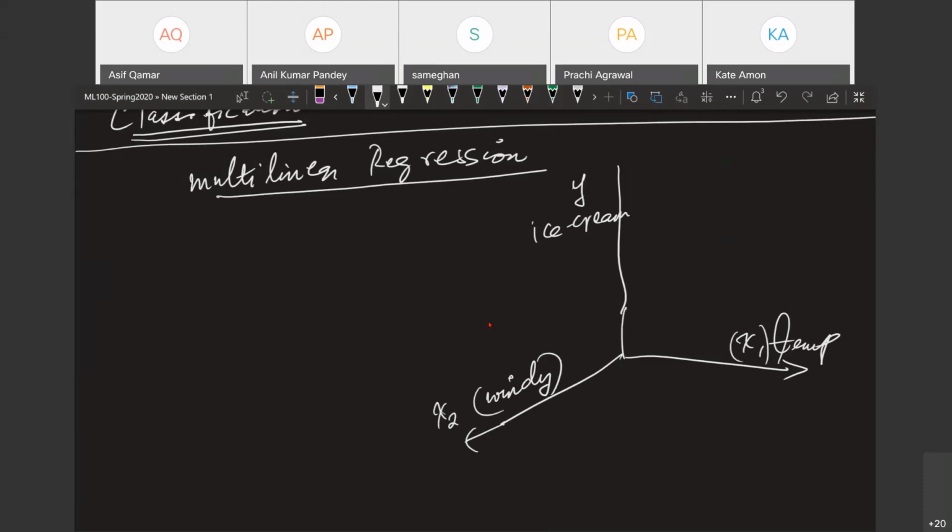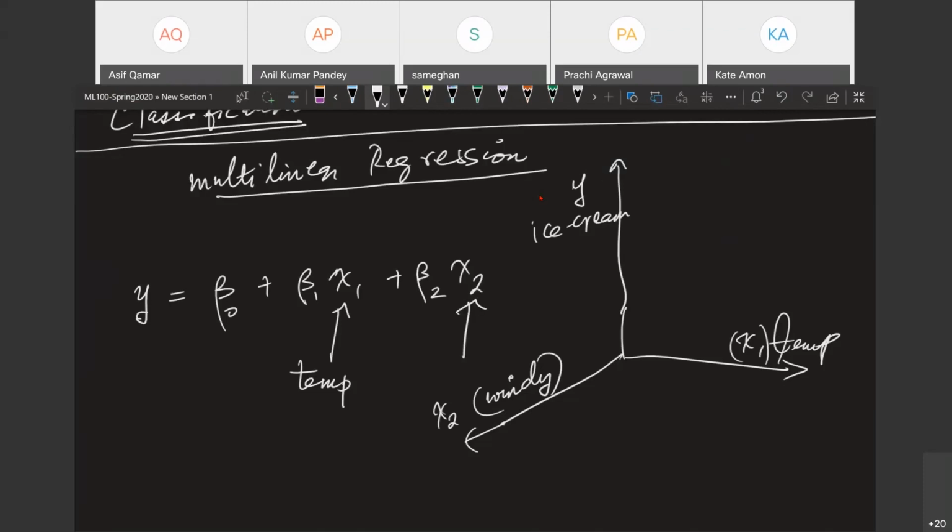So obviously, that is going to affect how many parents will show up with their kids on the beach, and so your sale of ice cream would be affected. So you would say that your ice cream sale, Y, depends upon a beta naught plus, it will depend upon X1, this being the temperature, and it will depend upon X2, which will be wind.